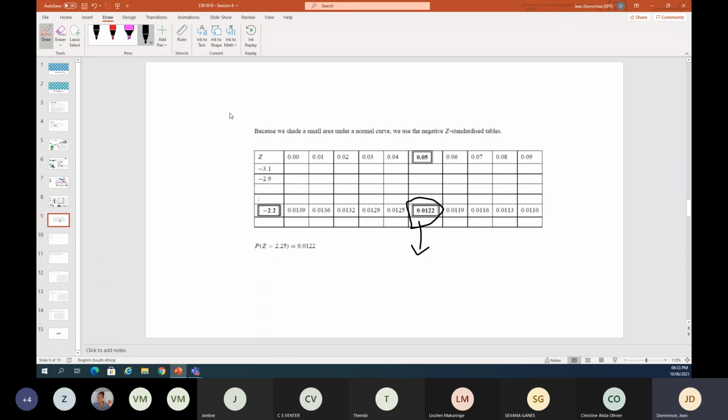The one thing about the symmetry is that if that is 2.25, that area is just as big as the area at minus 2.25.